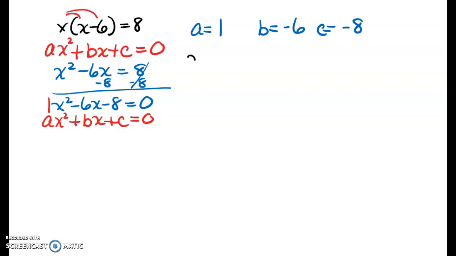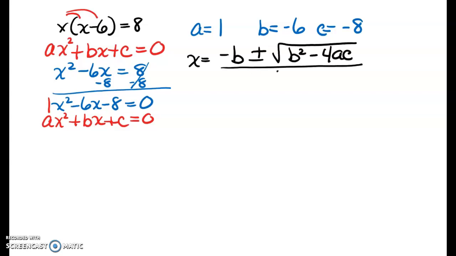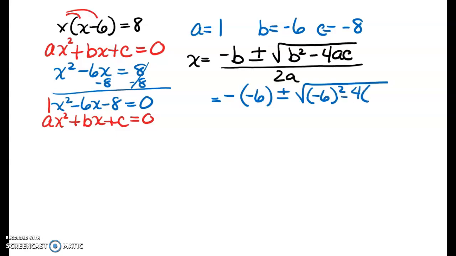So when I use my quadratic formula, negative b plus or minus the square root of b squared minus 4ac all over 2a, I am going to plug in using parentheses. Okay, so I have negative 6, and I'm going to square that. 4 times 1 times negative 8 all over 2 times 1.